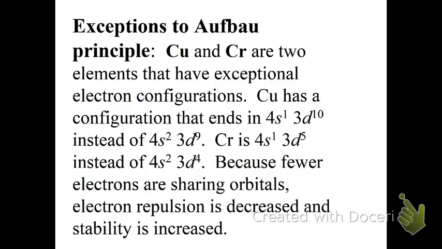Before we do the exceptions, let's do a couple of electron configurations and see if we recall how to do that from Chem 1. All right, so let's do some easy ones. We'll start with carbon. If we look at carbon, it's got 6 electrons. So we go across and we fill up 1s2 first.